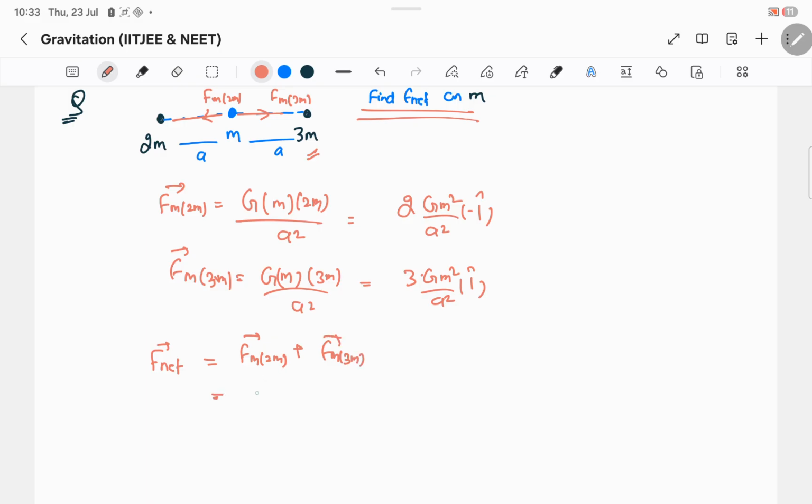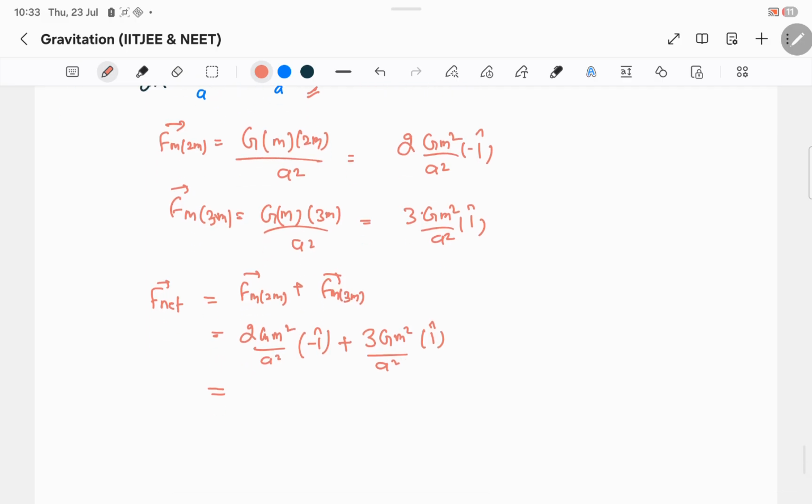Put these values: 2 G m square by a square in minus i cap plus 3 G m square i cap by a square. Now you can see it is minus 2 and plus 3, so they will partially cancel, leaving G m square by a square i cap. So F net will be in which direction?